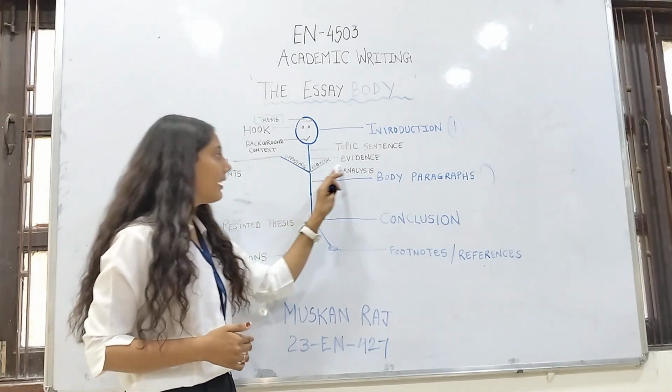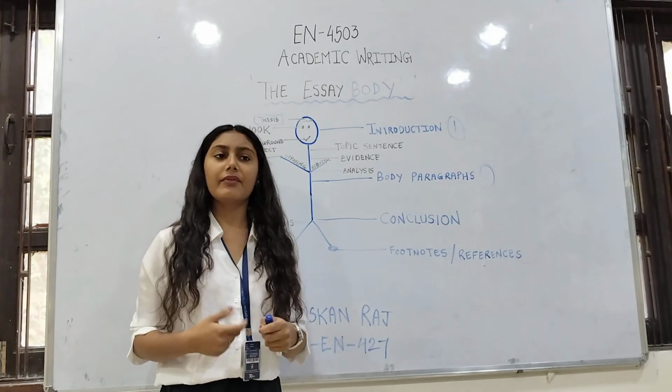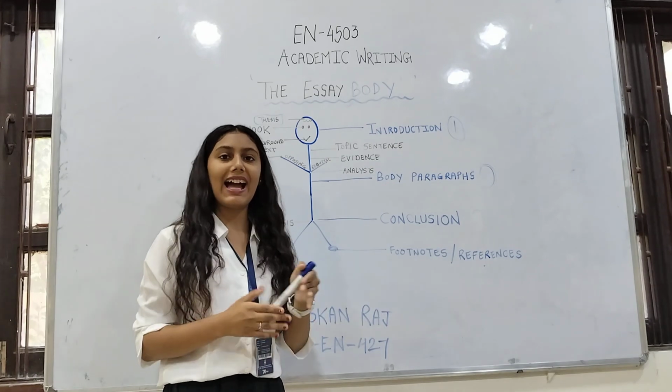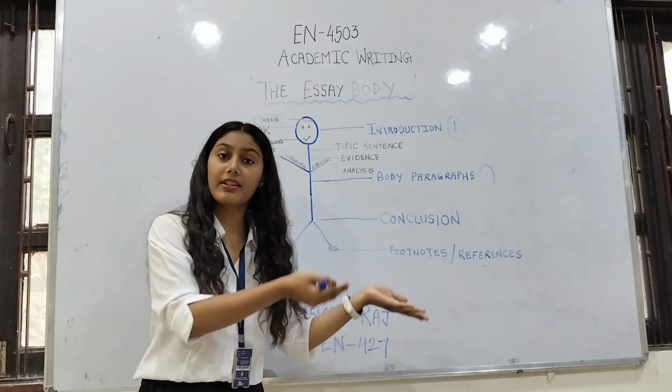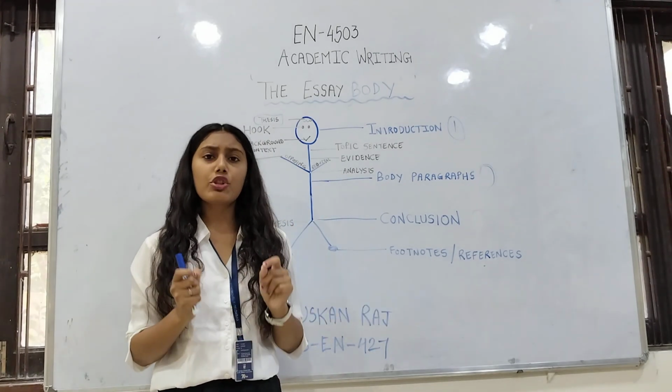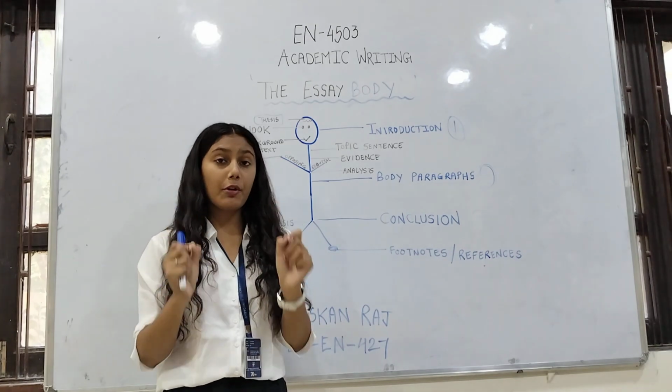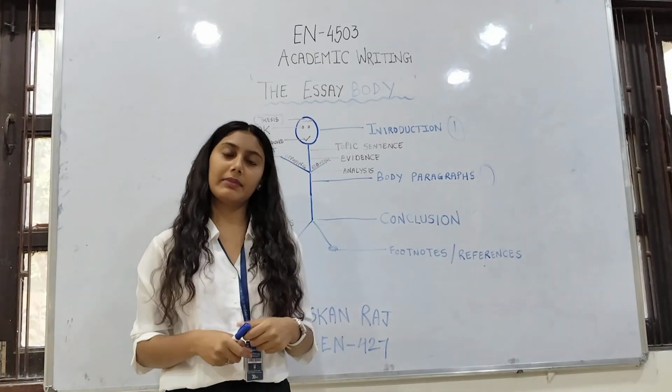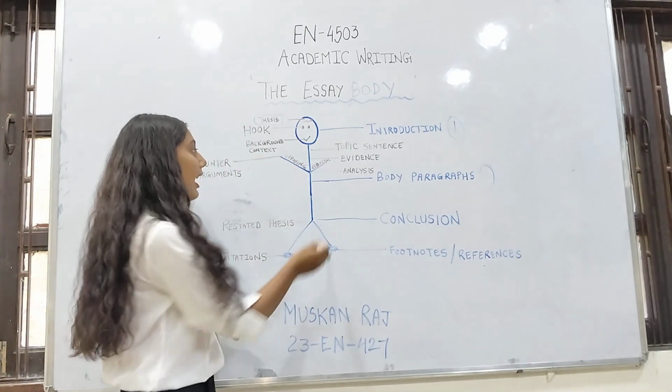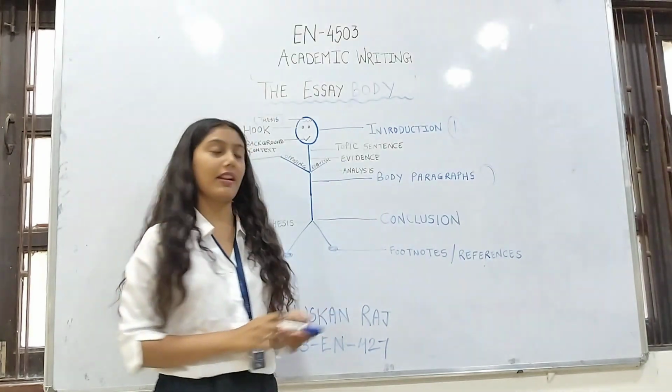Now there is another hand, that is rebuttal. It is very important to counter-argue other researchers' work to have a properly researched academic essay, and that is how your body paragraphs are made.